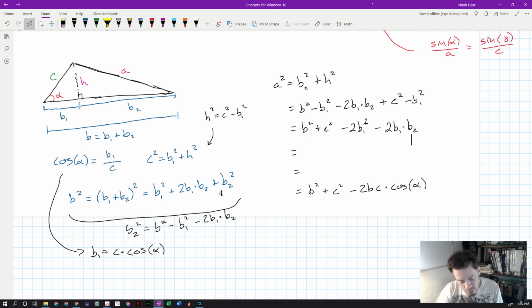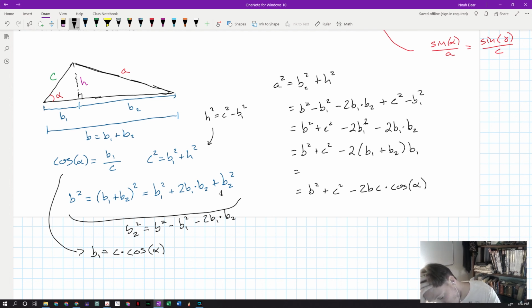All right, so this next move is a little bit maybe unexpected. I mean, I worked this problem from both directions in order to get this hashed out, but I'm going to factor out a minus 2 from the left, and I'm going to factor out a B1 on the right.